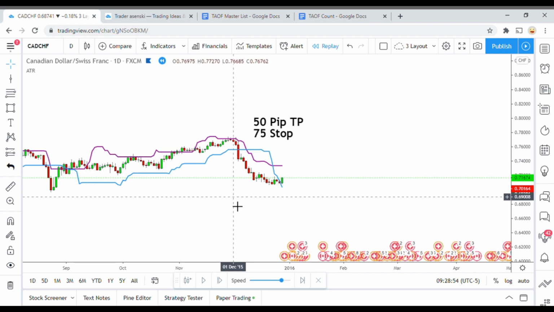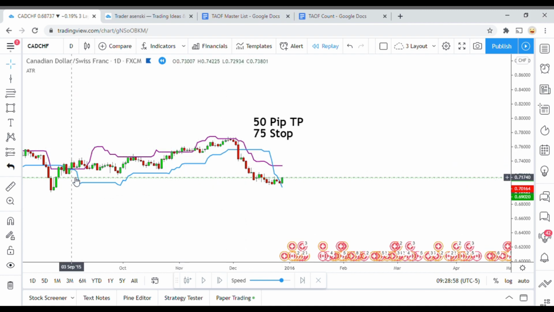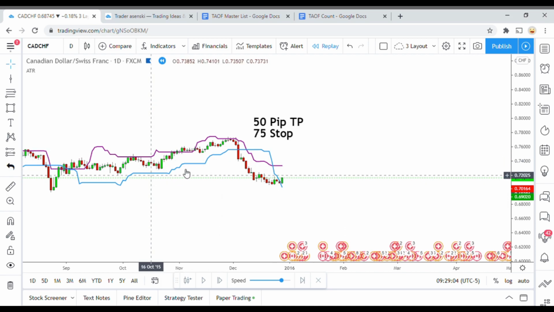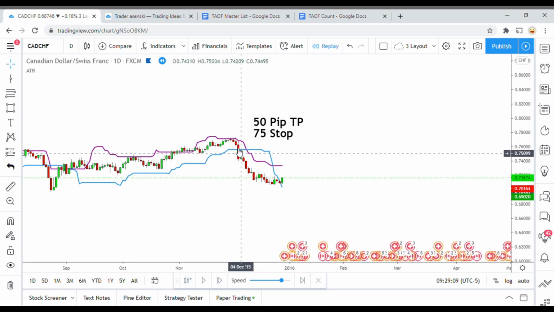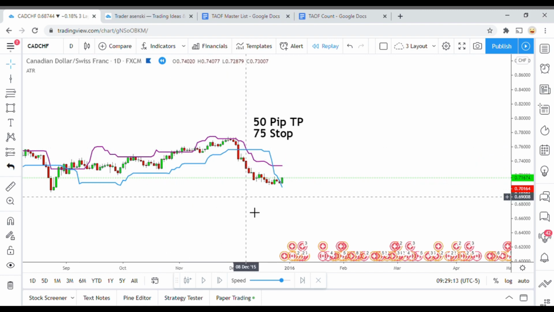And so, for example, you can see right here on screen, if we considered in between the lines to be a ranging or choppy market, we ignore everything that is happening while price action is in between those lines.